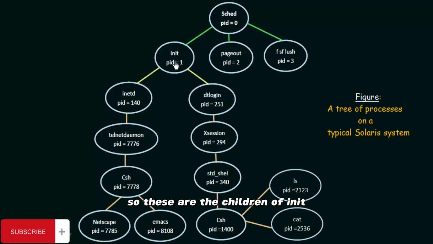So these are the children of init: inetd with process ID 140 and dtlogin with process ID 251. The inetd process is responsible for networking functions. And dtlogin serves as the X window session for the user, the process that brings up the login screen.